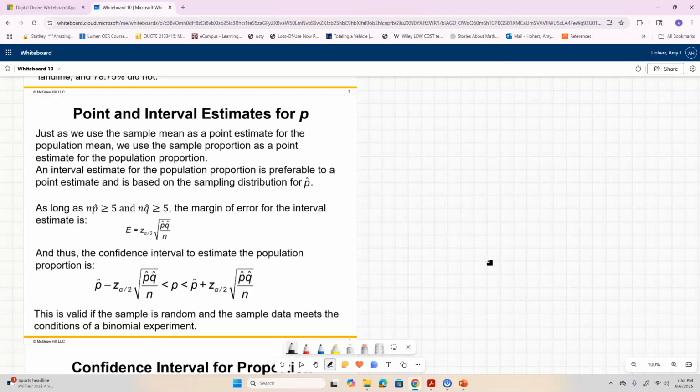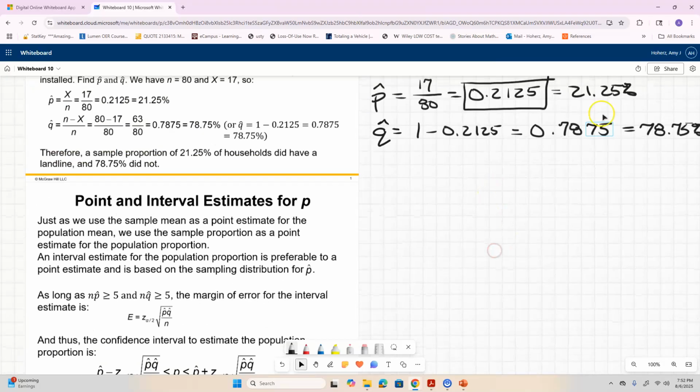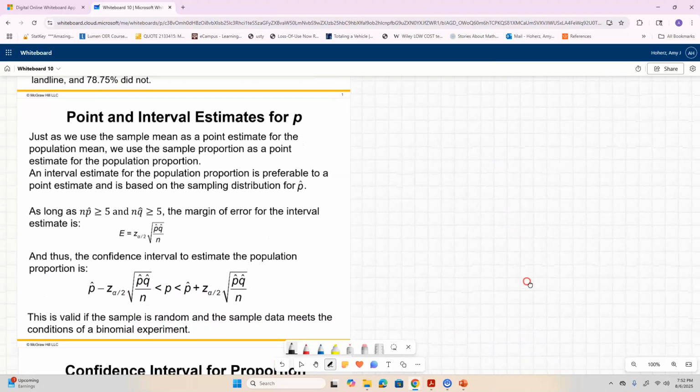So here's our formula. Just as before we used a point estimate for the population mean, we can do a point estimate. So we could say, like in that last example, that because we got 21.25%, we'll just assume 21.25% of the population have landlines.